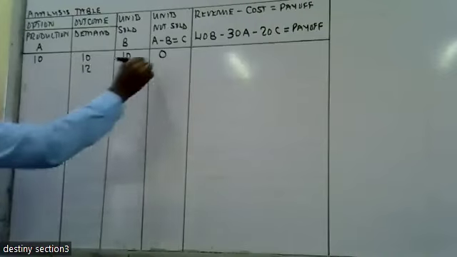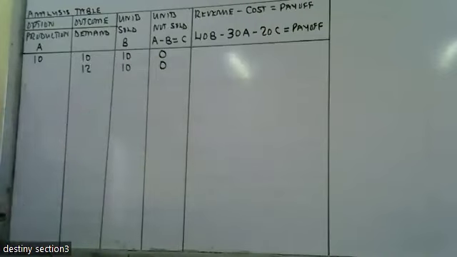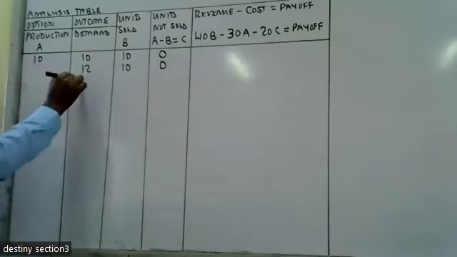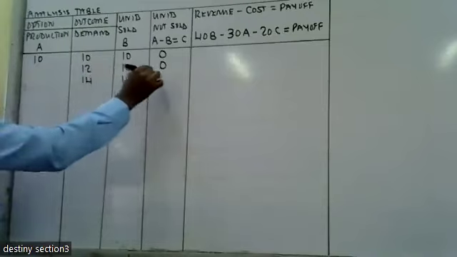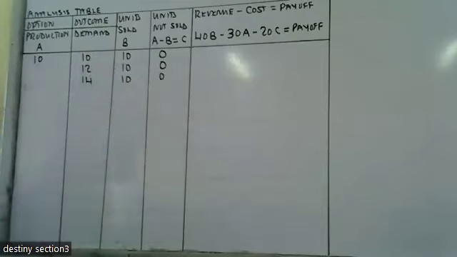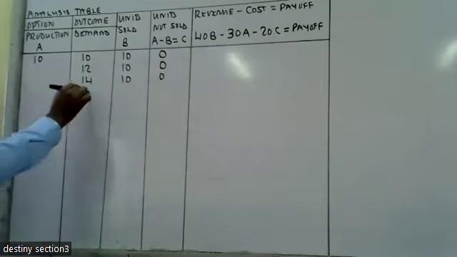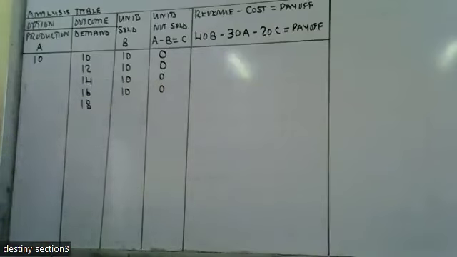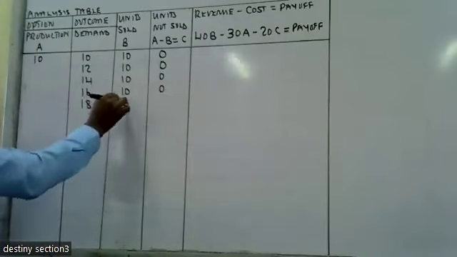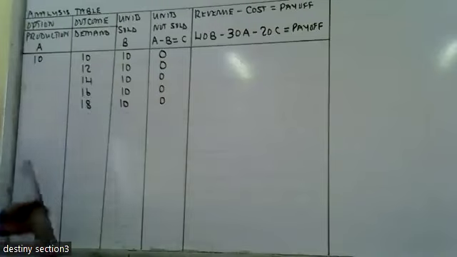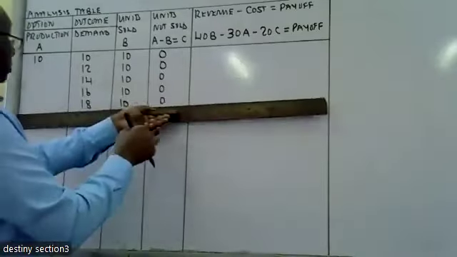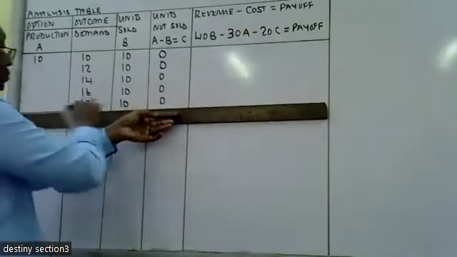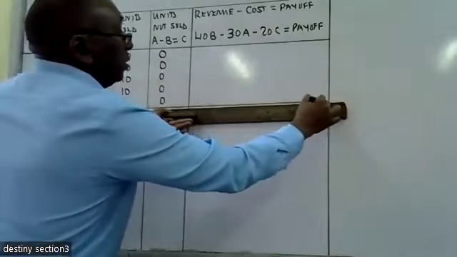So how many remain unsold? 0. If they get a demand of 14, they again sell 10, 0 remain. They get a demand of 16, they sell 10, 0 remains. They get 18, they sell 10, and we have 0. So hiyo tunafunga hivyo.